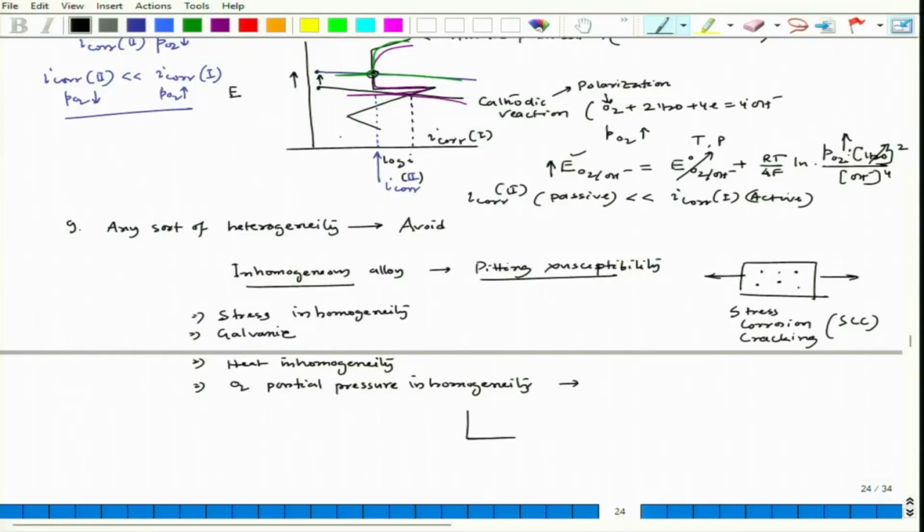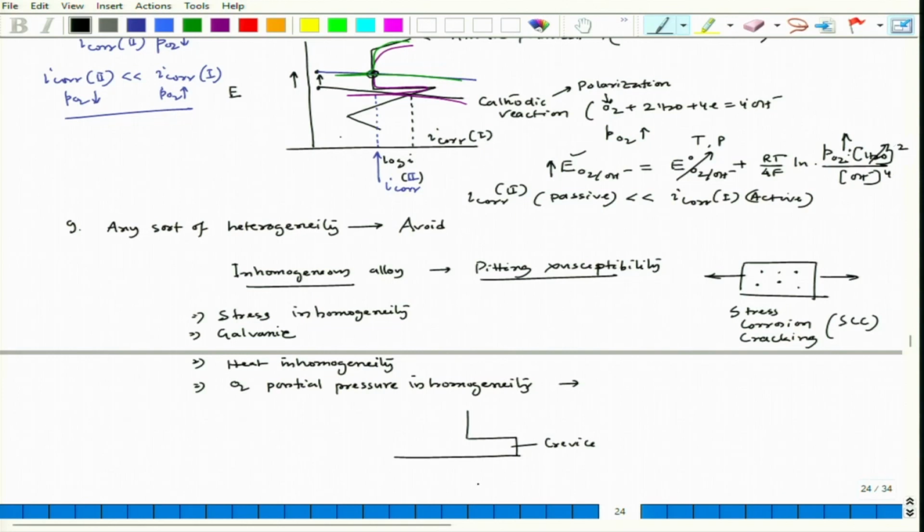When crevice attack happens, one of the initial start points is the depletion of oxygen from the crevice point. And once depletion of oxygen happens in the crevice point, for example, if you have a crevice like this, okay, so this is let us say crevice.